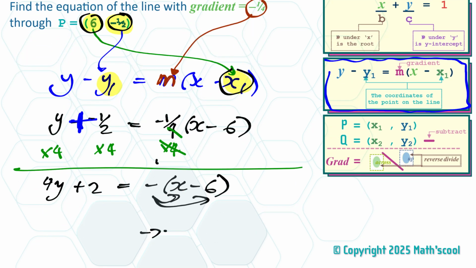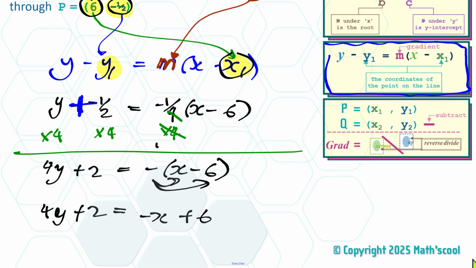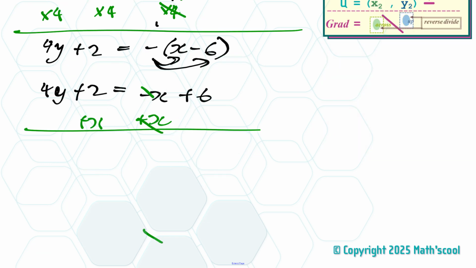Now I'm going to multiply this minus out. So that's going to be minus x plus 6, 4y plus 2 equals. And then I'm going to move the x over to the other side. So I'm going to add x to both sides. And that's going to give me 4y plus x plus 2 equals 6.